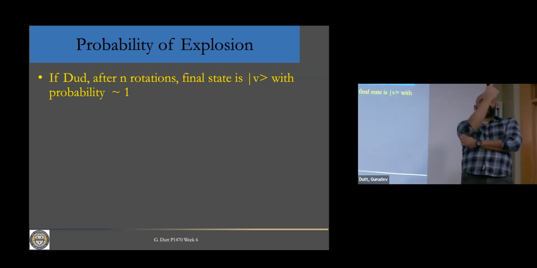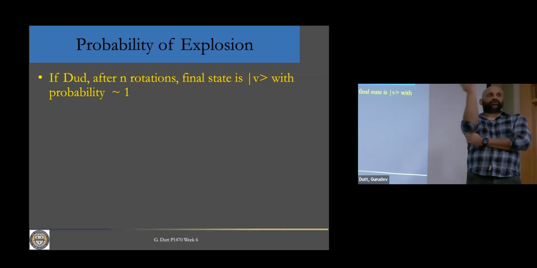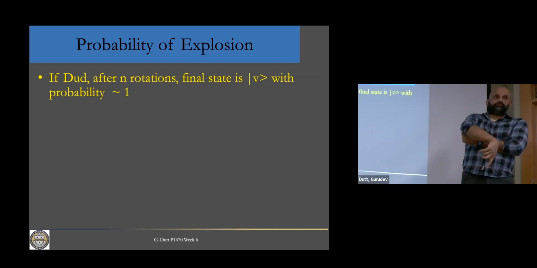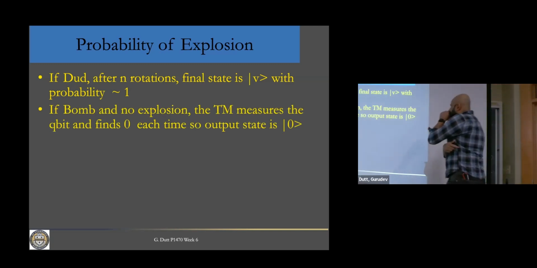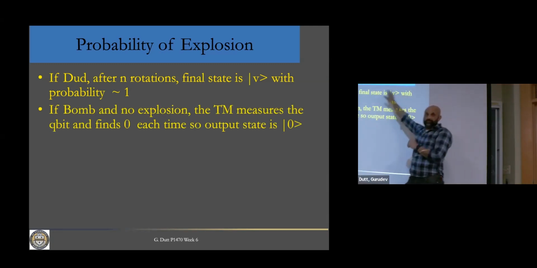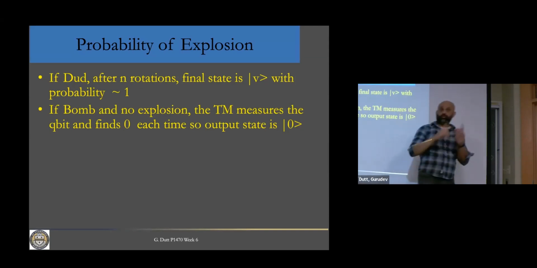Okay? So each time it rotates by an angle epsilon. So after n times, it will be n times epsilon, but epsilon is pi over n. So that's a rotation of pi. So 0 becomes 1 after n rotations. So now if I measure in the U-V basis, the final state will be V with probability 1.